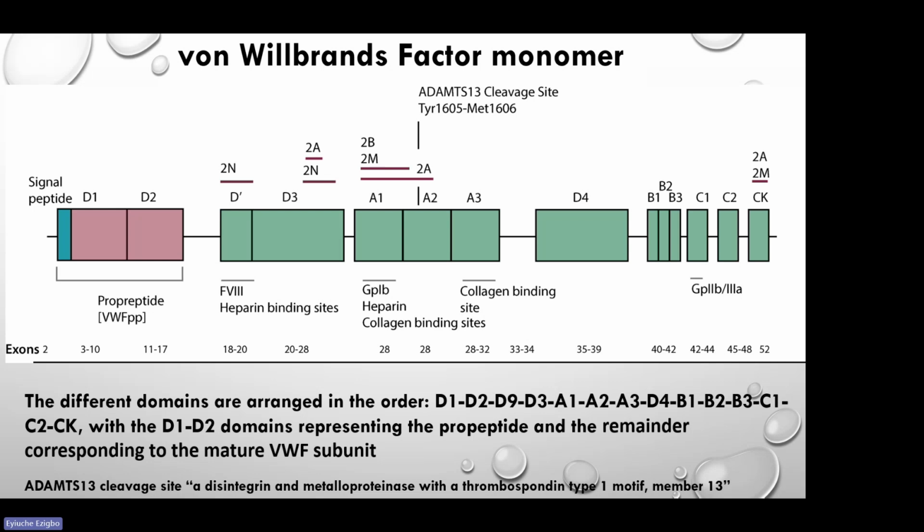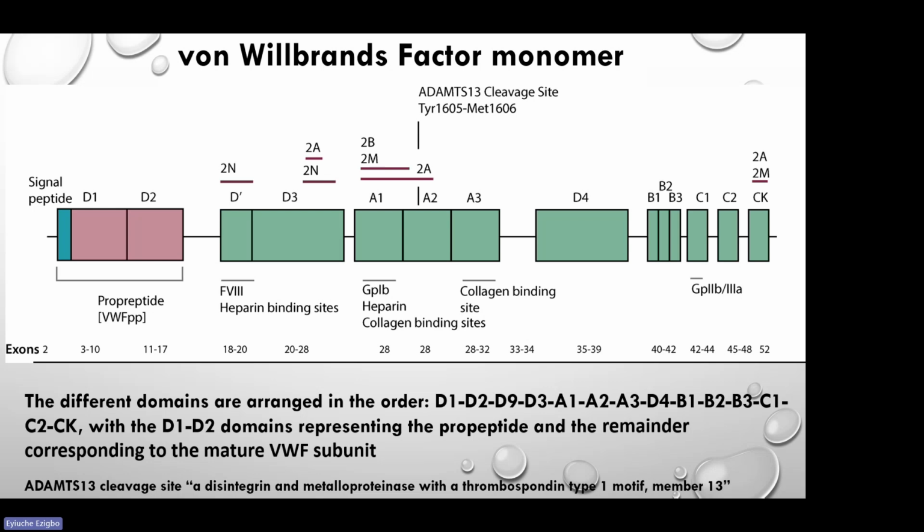Each of the functions of von Willebrand factor can be traced to the domains, the points at which binding occurs. For binding of factor 8, the heparin binding site is at this D prime domain, and any mutational abnormality around this place will give us what we call type 2N von Willebrand disease.